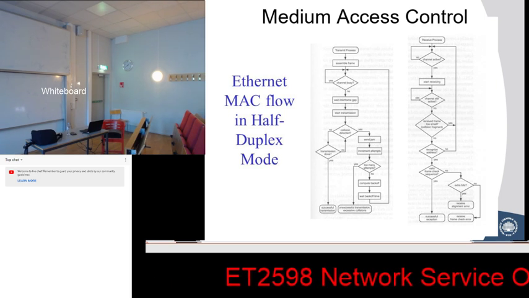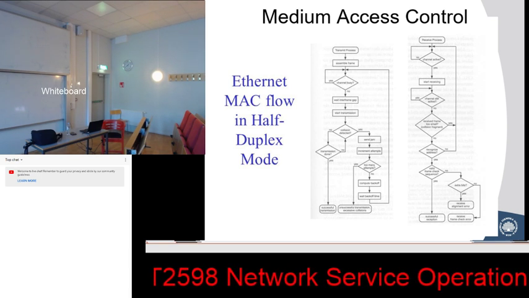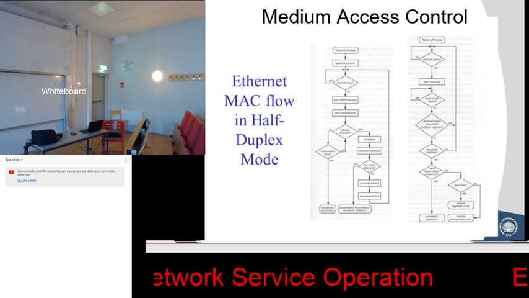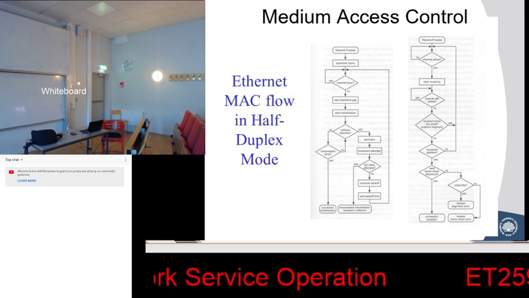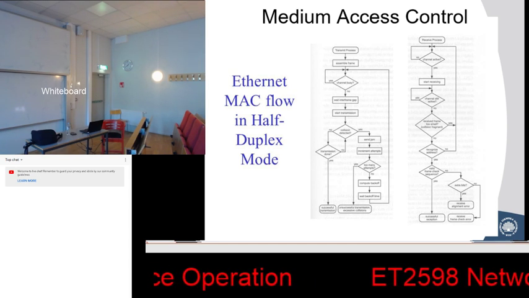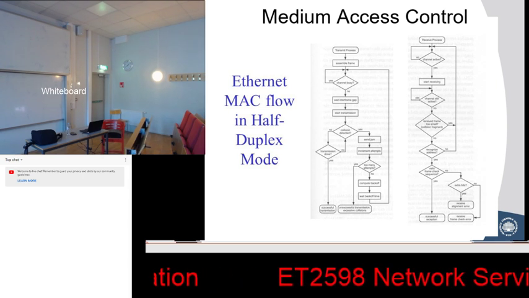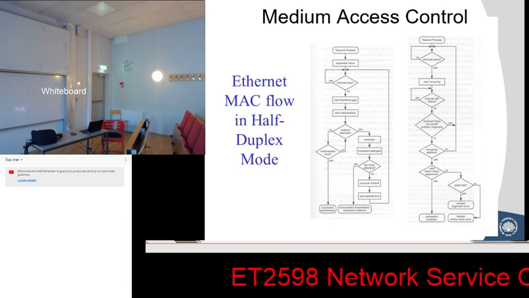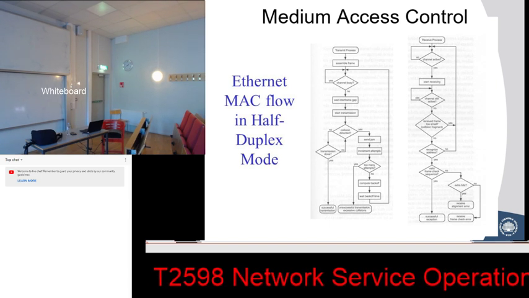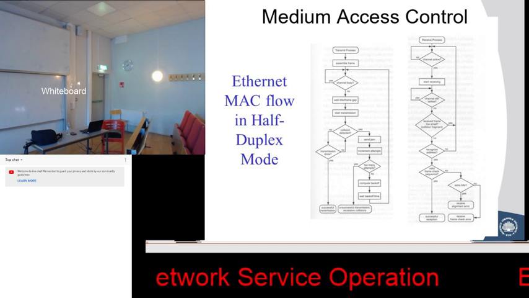I need to wait enough time so that the signal can have gone all the way over here and back, to ensure that no one else has started talking. At that point, we assume that it is silent and I can start transmitting. It doesn't prevent someone over here from starting to transmit, right? But this is how we do it. We wait the frame gap, and then we start transmission.